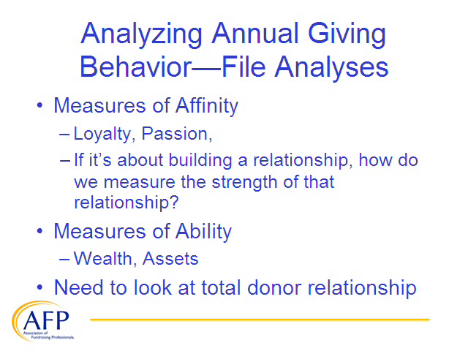When we think about affinity, it's about loyalty and passion. We're trying to find out how loyal they are to your organization compared to other organizations, and how much passion they have for your organization, and eventually for your specific case, for the project or the reason you're going to be asking them to make a major gift.